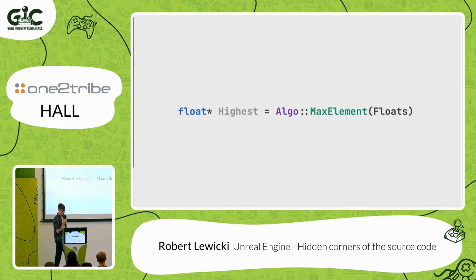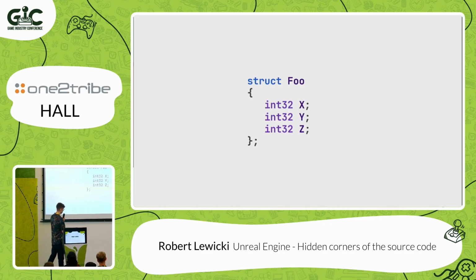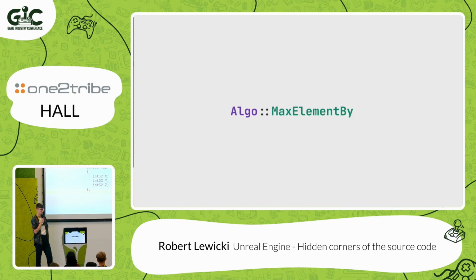But I hear you, some of you are thinking, the reality is how often do you have an array of primitives? In most cases, we have structs or classes. No problem at all. Let's do another example with the struct foo that has 3 properties. And now we want to find the greatest one from the array of foos.